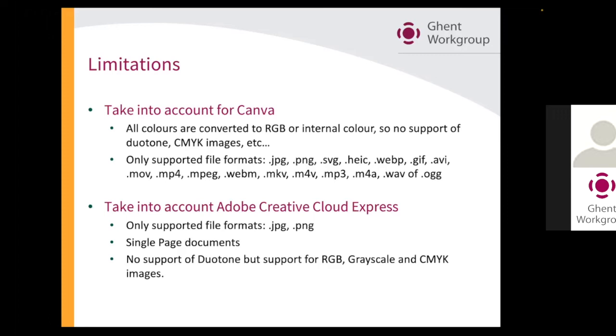The supported file formats which you can import are a lot, I must say. You see JPEG, PNG, SVG, GIF, and movies, naturally, for the movie side or the image side. So we can import a lot of things, but the disadvantage here is that everything is converted to RGB.